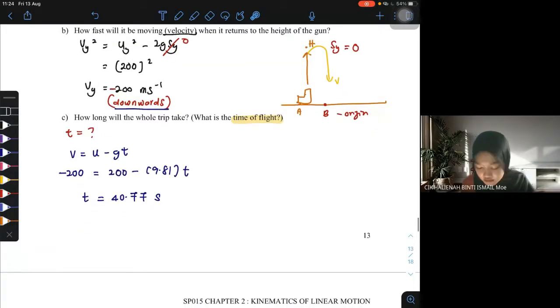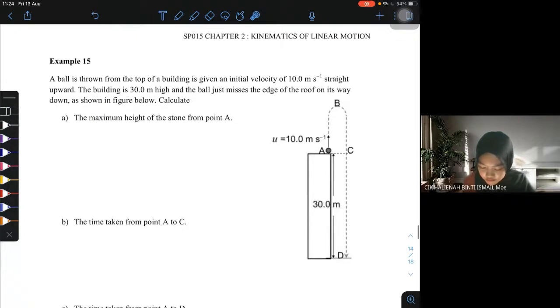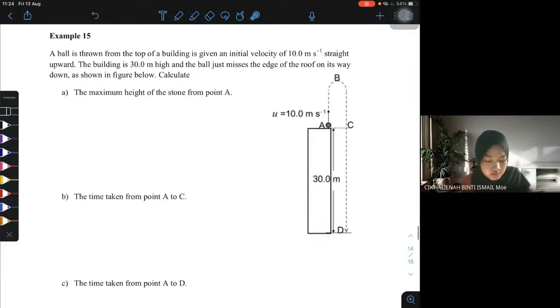Kita continue example 15. Okay, example 15 here. A ball is thrown from the top of a building, is given an initial velocity of 10 meters per second, straight upward.